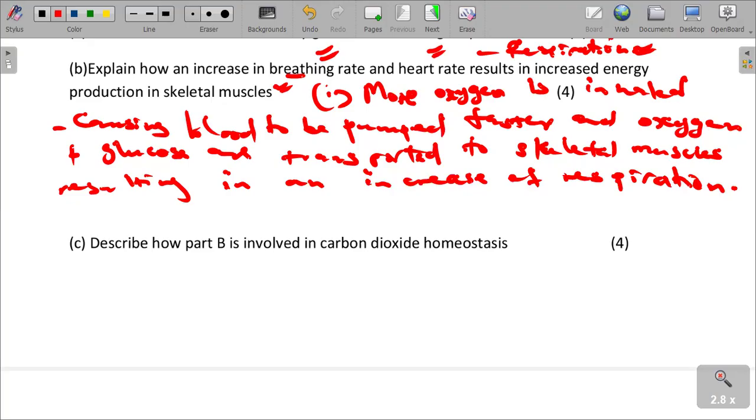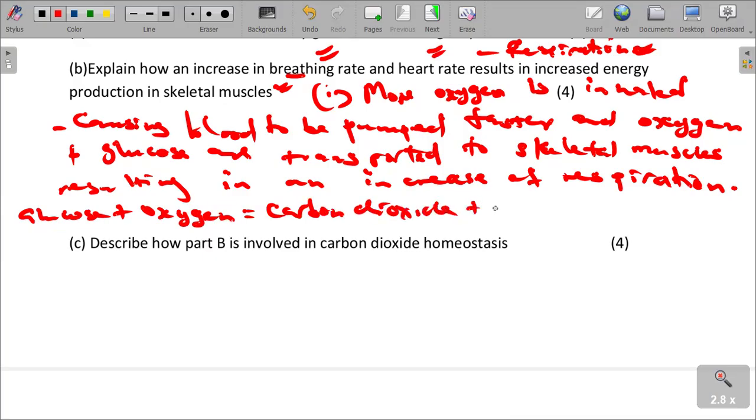In simple terms, respiration is a process by which glucose is taken to skeletal muscles, because glucose plus oxygen, which is being increased in breathing, equals carbon dioxide plus water plus energy.